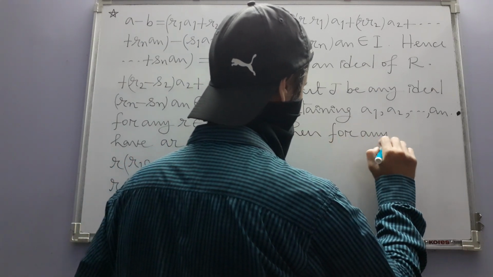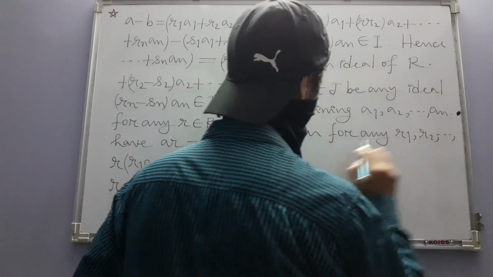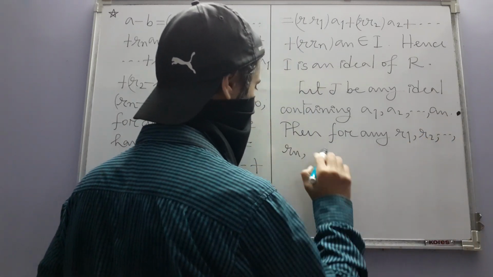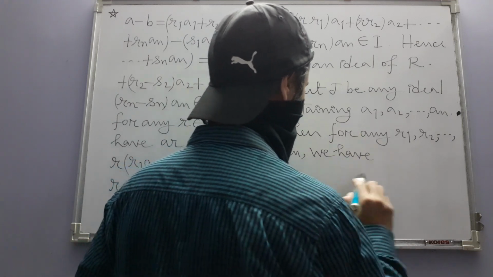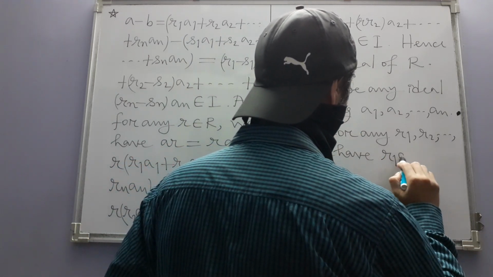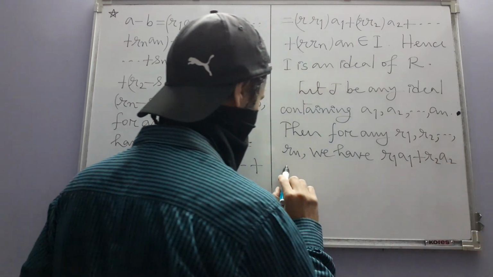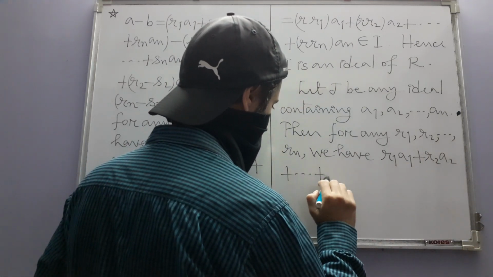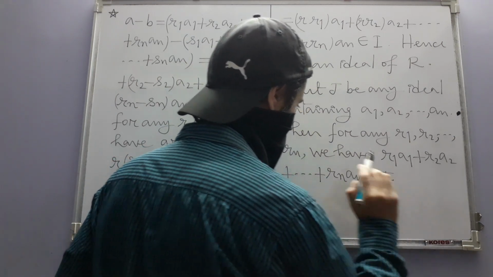Then for any ring elements Ri, R1 A1 plus R2 A2 and so on plus Rn An must belong to J.